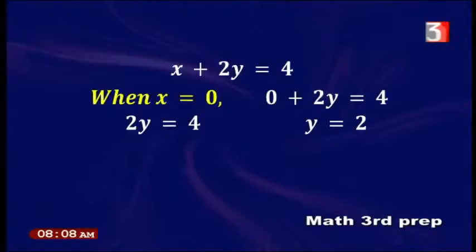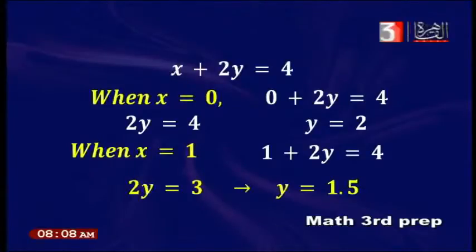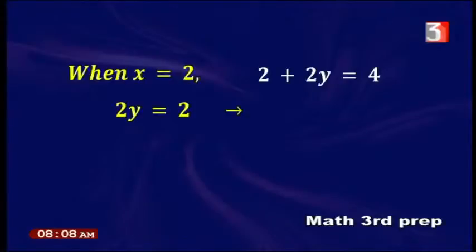What about the value of y when x equals 1? By substituting, 1 plus 2y equals 4. So 2y equals 3, and in this case we can find the value of y as 1.5. Finally, when x equals 2, you are going to find 2 plus 2y equals 4. So 2y equals 2, and in this case the value of y will be 1.